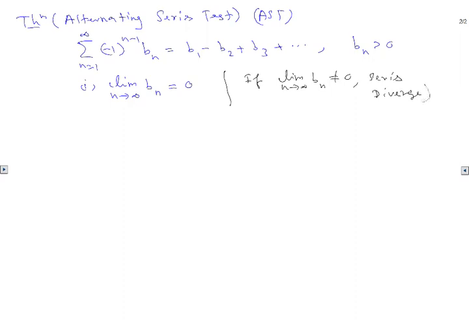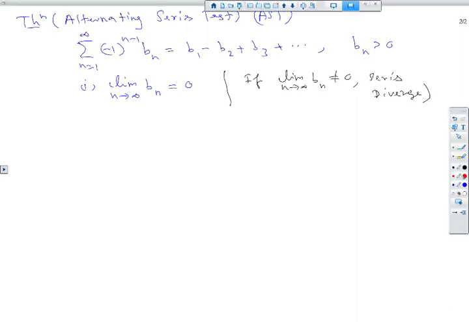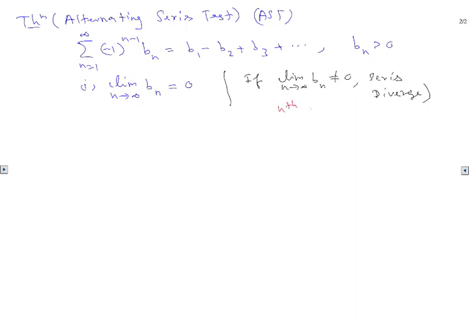That's the nth term test for divergence, which we learned before. So it applies here. If the limit does not equal 0, then we stop right there. We say the series diverges, and we're done.